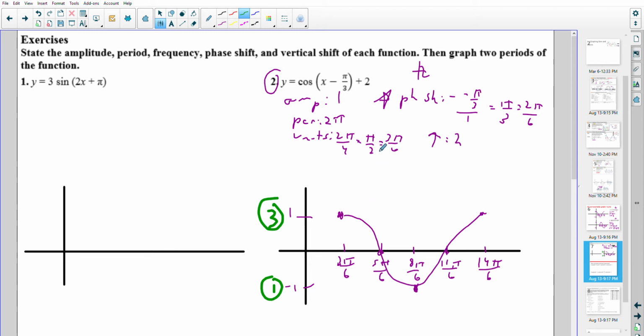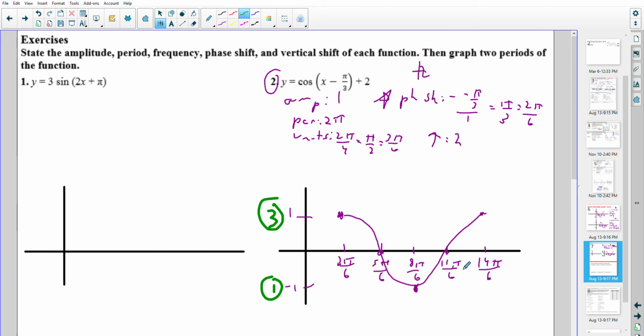One other point is if this were a negative out front, if it were a negative 1, that would mean that it's going to reflect down from the x-axis, which would mean that the drawing would look like this.